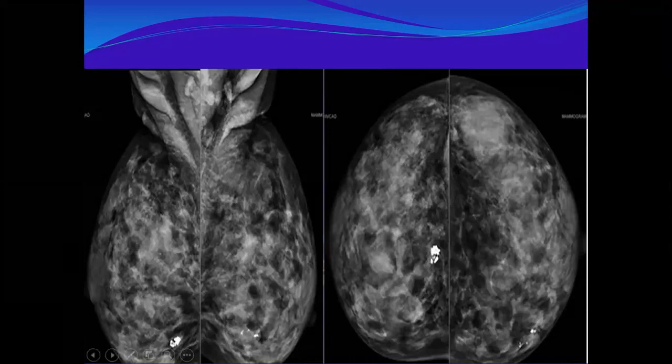Excellent, yes, dense breast. There is an area of central asymmetry.